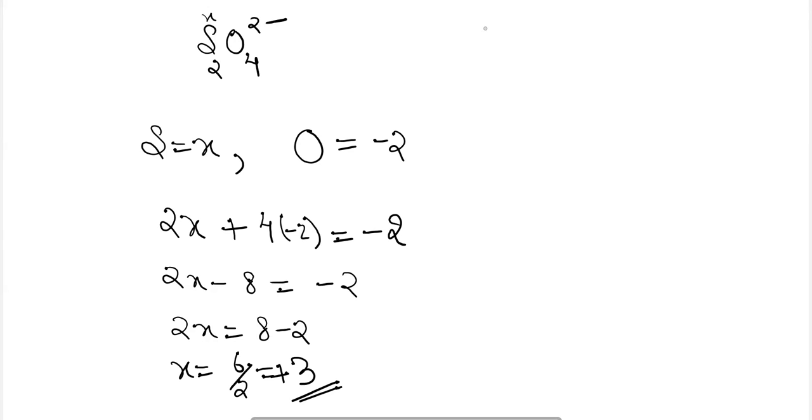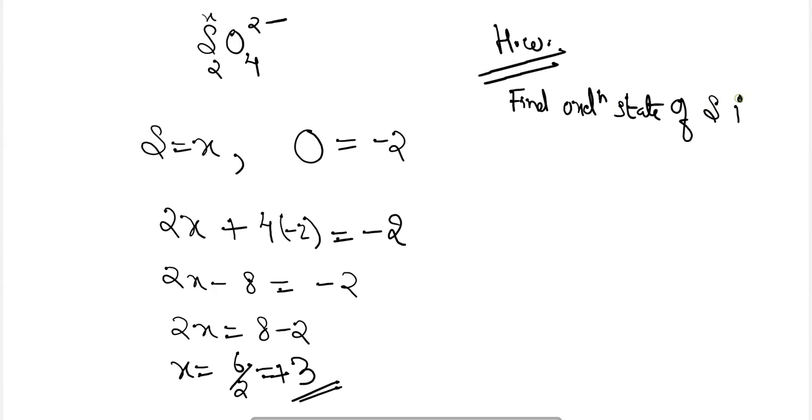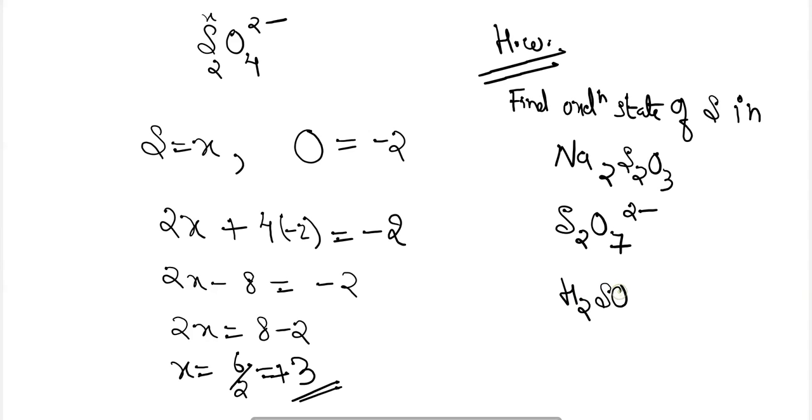First, find the oxidation state of sulfur in Na2S2O3, in S2O7 2 minus, and in H2SO4. This question is for sulfur only.